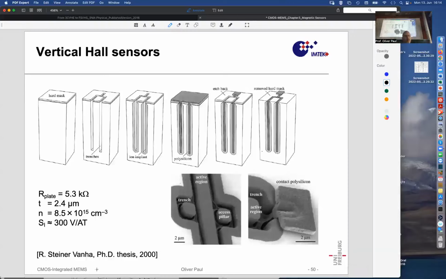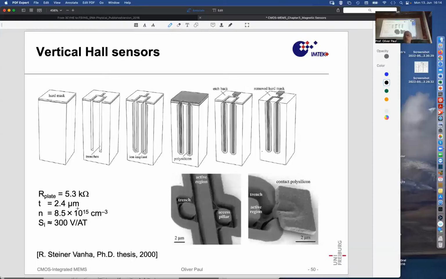And so with this device, Ralf obtained some current-related sensitivities of 300 volt per amp per Tesla. This region of conduction was quite low doped, 8.5 times 10 to the 15.